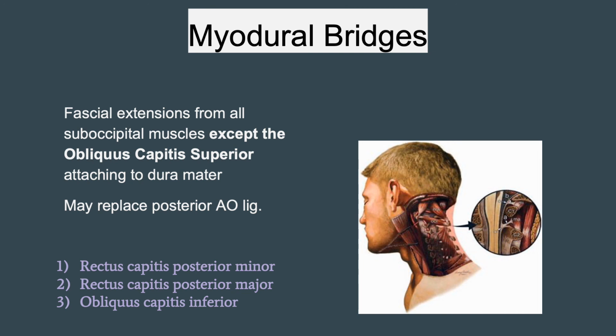The 3 muscles that form these myodural bridges are the rectus capitis posterior minor, the rectus capitis posterior major, and the obliquus capitis inferior. The only suboccipital muscle that doesn't form one is the obliquus capitis superior.